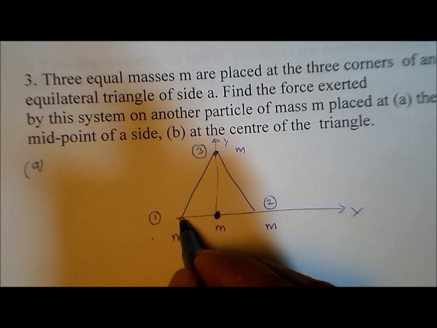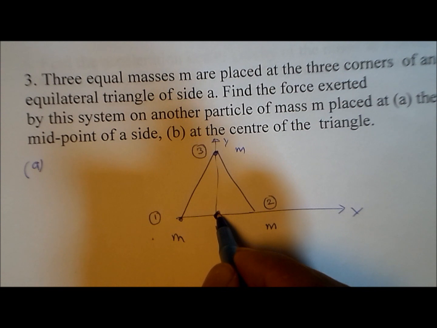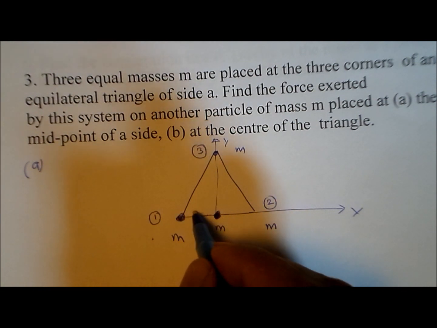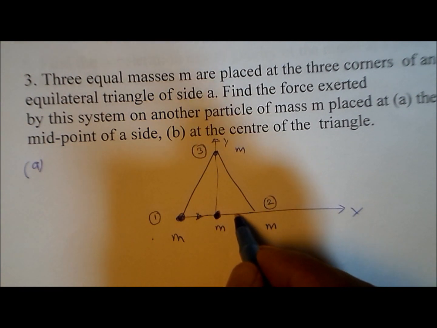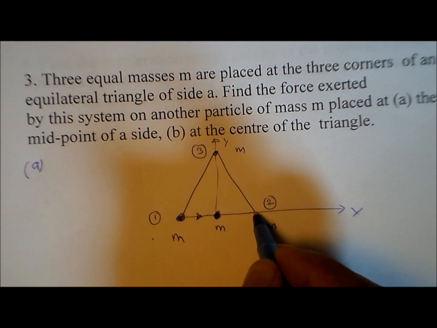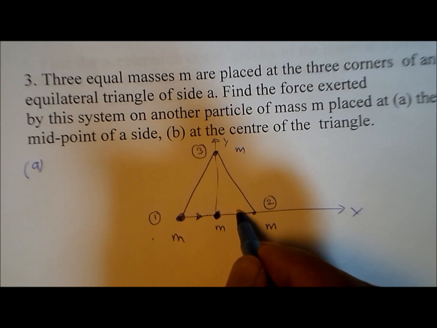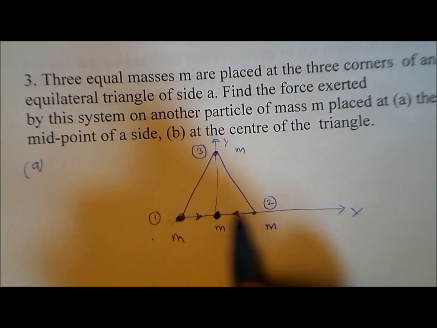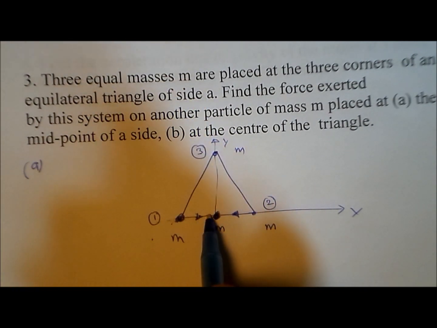The force that acts on this particle due to this one acts along the x-axis, and the force acting on this particle due to this particle acts along the negative x-axis. So these two forces cancel each other. The net force is 0.